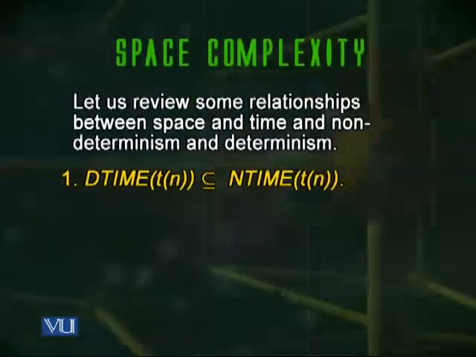It says that if a problem can be solved in deterministic time t(n), then it can also be solved in non-deterministic time t(n). So, if you go from determinism to non-determinism, there is no time penalty.